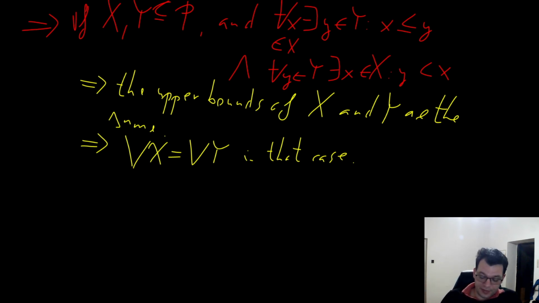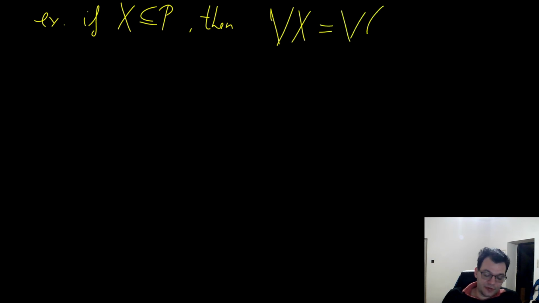Like, for example, just one minor application which we will see in detail. If X is an arbitrary subset of the poset and it has a bottom element, then the supremum of X is the same as the supremum of X together with the bottom element. So if you just include the least element, then you won't change the supremum.